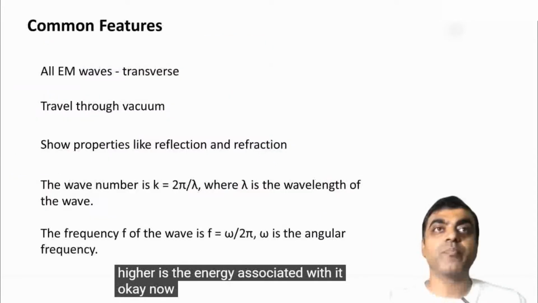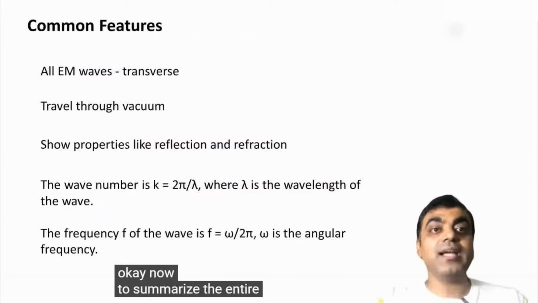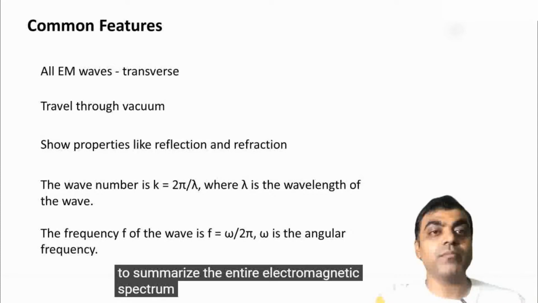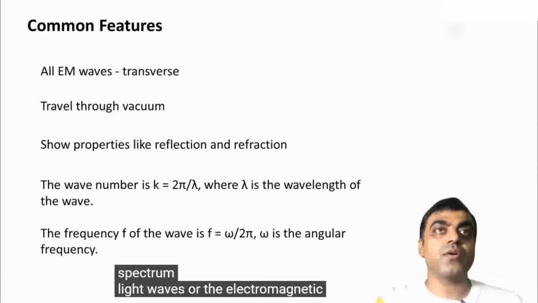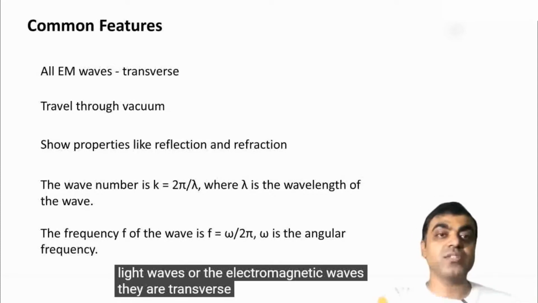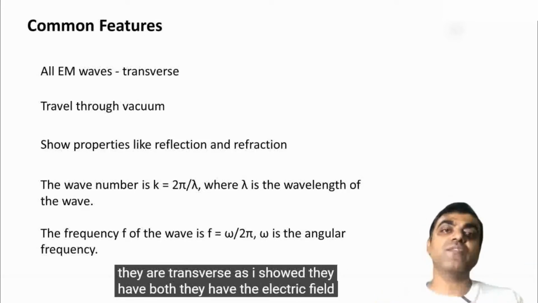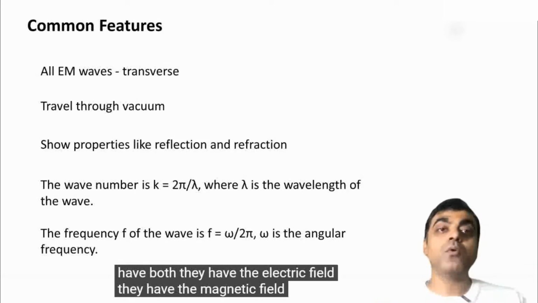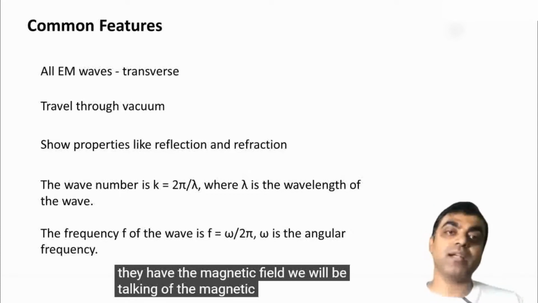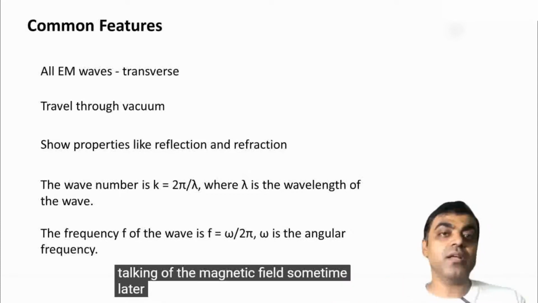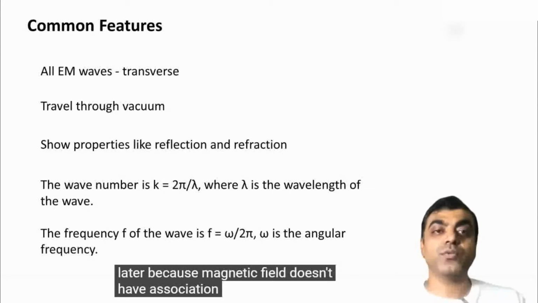Now, to summarize the entire electromagnetic spectrum: light waves, or electromagnetic waves, are transverse, as I showed. They have both an electric field and a magnetic field. We will talk about the magnetic field later, because it has no association here.